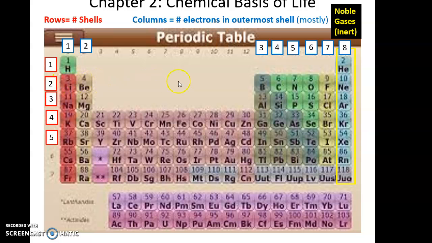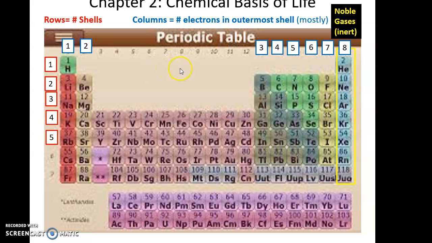Row 2, we have lithium through neon. Those atoms have 2 energy shells. Row 3, sodium through argon. Those have 3 energy shells. And then 4 and 5 and so on. So the rows will tell you how many energy shells the atoms possess.